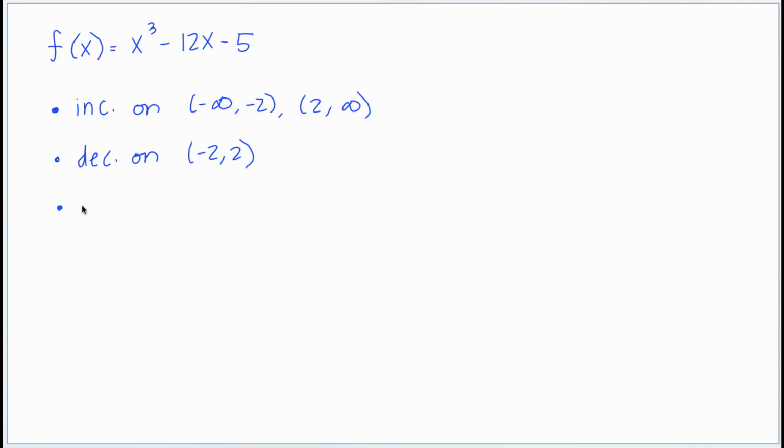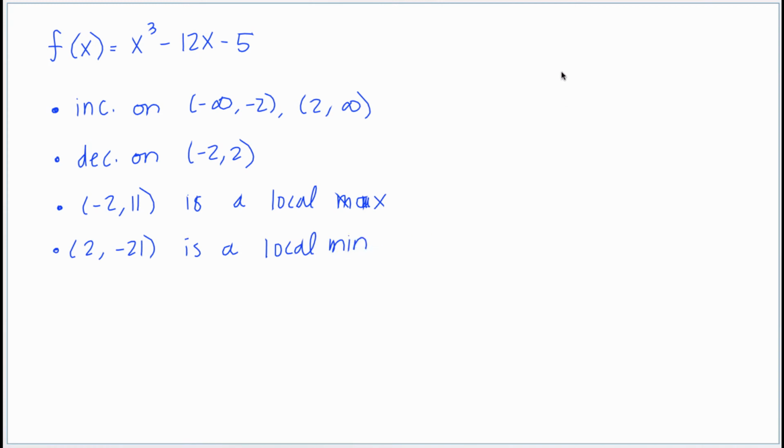We know that the point (-2, 11), where our function changes from increasing to decreasing, is a local max. And we also know that at x equals 2, we change from decreasing to increasing, so (2, -21) was a local min.